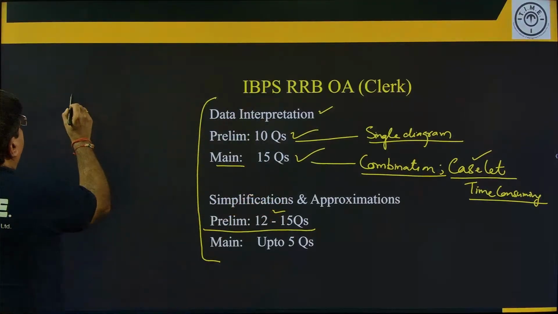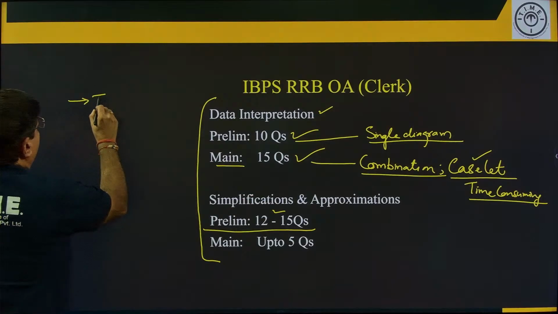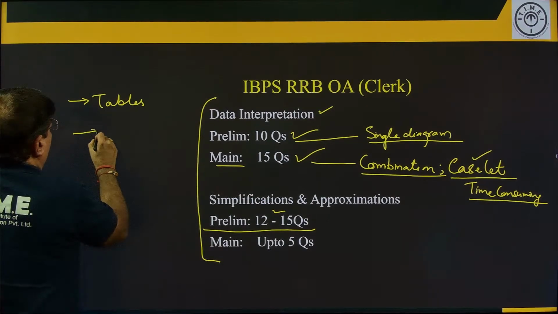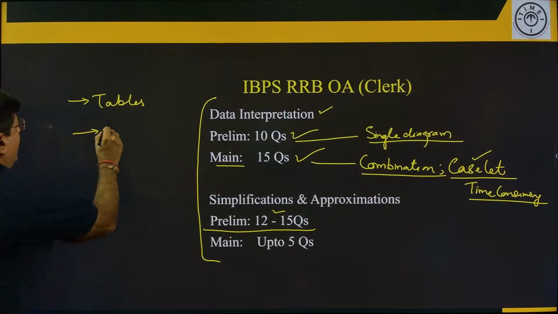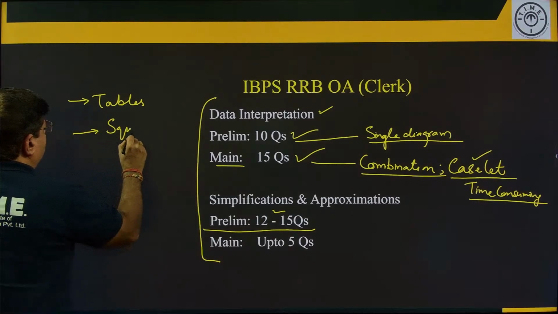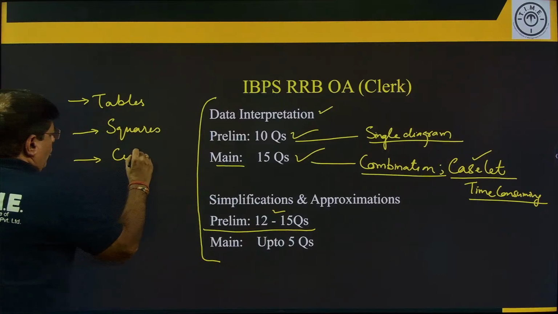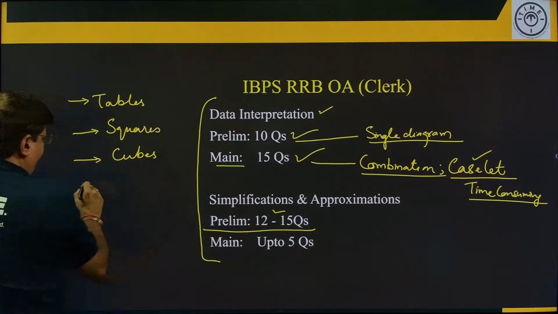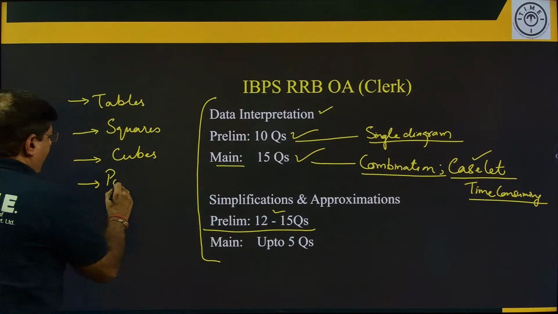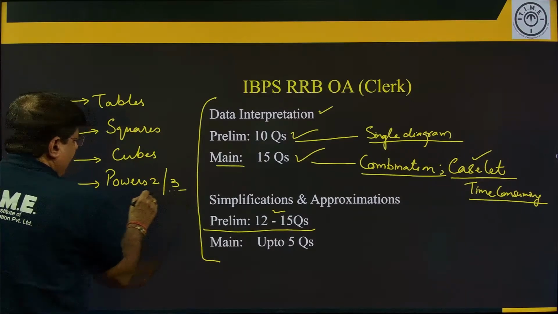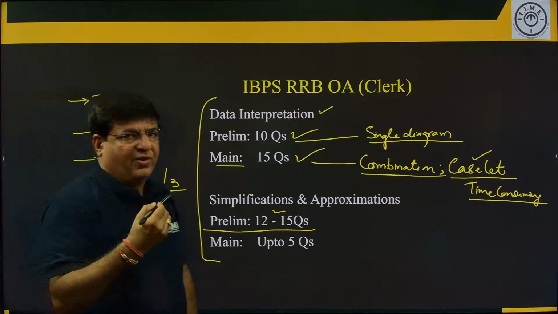Just have a look. One is tables: you should be perfect with the tables up to 20. Then squares of numbers up to 30. Then cubes of numbers up to 12. Then powers of 2 and powers of 3, let us say up to 10 or up to 12.